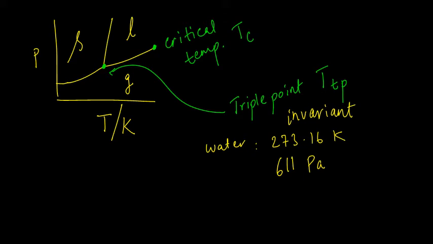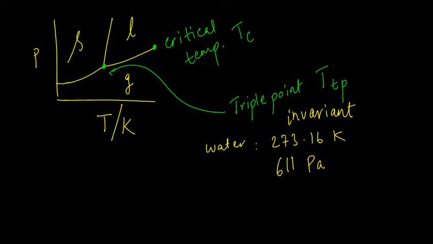But if we are at this temperature and pressure, then water exists in all three phases. It's in equilibrium with all liquid, solid, and gas. And this is invariant, means I cannot have another triple point of water. So it's the perfect thing to choose if you want to define a standard.